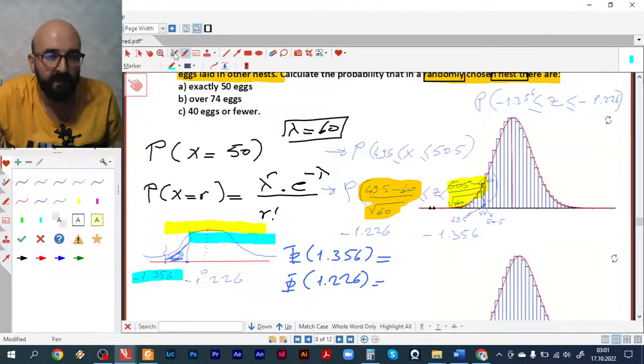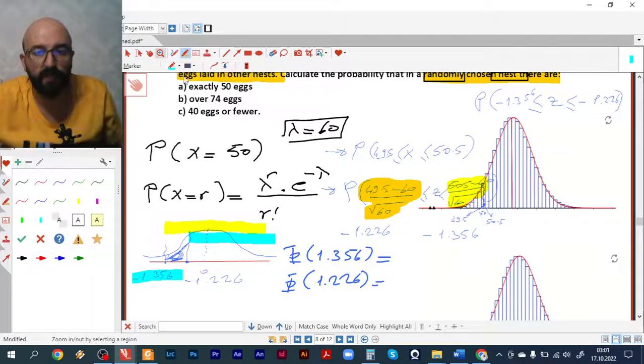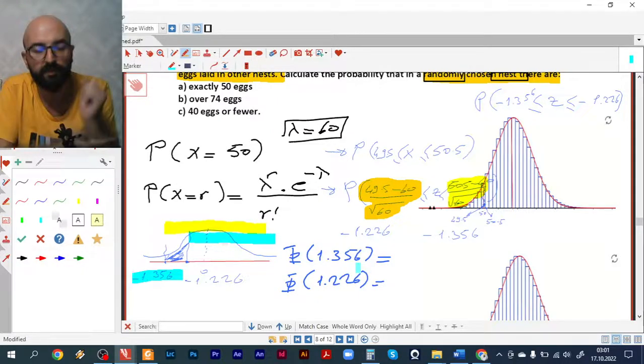In the last lesson we learned how we find these values by looking at the Z table.